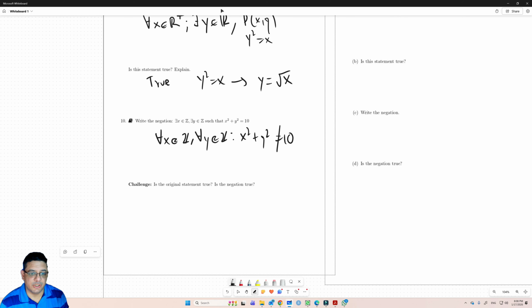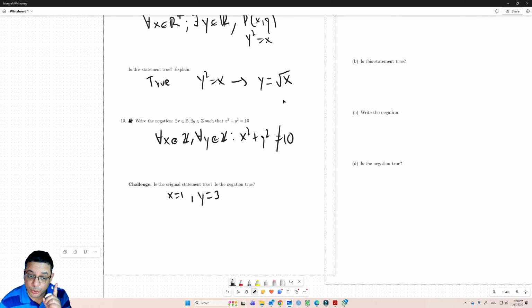Now, is this original statement true? Is it false? Well, the answer is yes, this is true. In particular, you can pick x equals 1, and you can pick y equals 3. Oh, wait a minute. This is saying there exists, right?